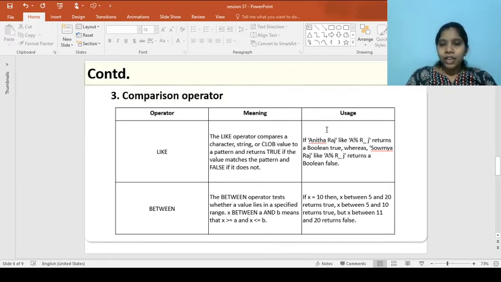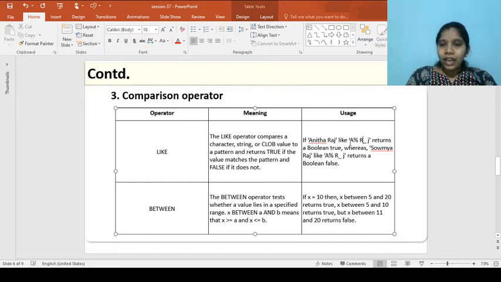Here we can see the usage of the LIKE operator. Here the value is Anita Raj. This should be compared against the pattern A followed by percent symbol followed by R underscore J. The percent symbol represents any number of characters and underscore represents exactly one character.